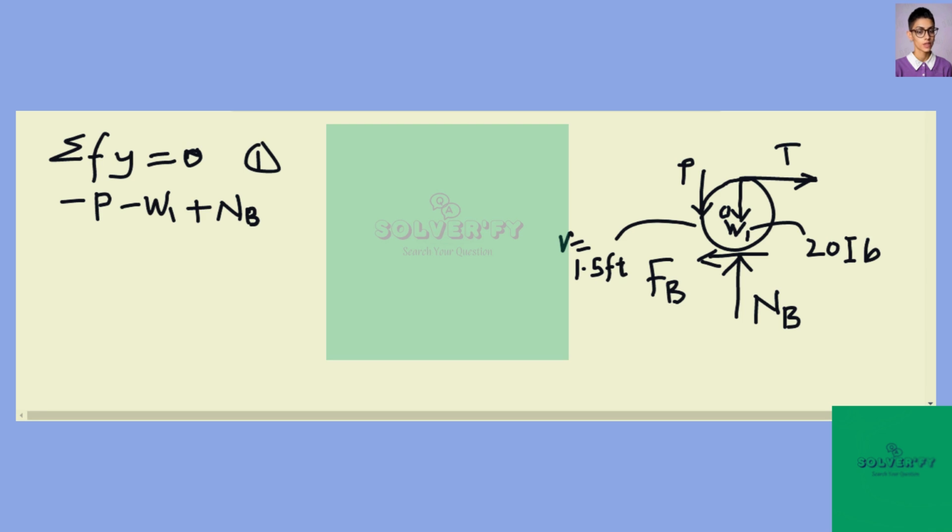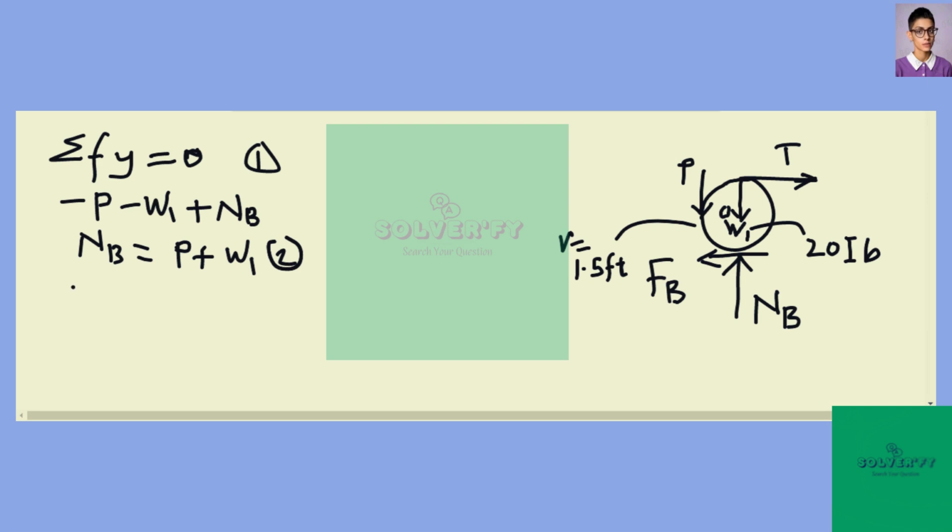So when you solve this, your NB will be equal to P plus W1. Call that equation 2.